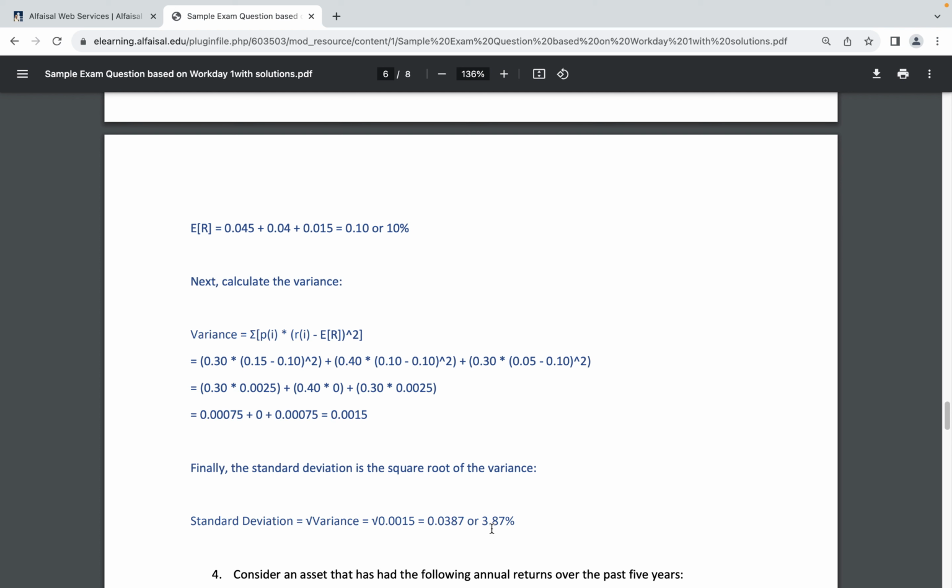Therefore, I know with 99% confidence that my investment will be somewhere between minus 1% and 21%, because I multiply the 3.87 by 3, and I go backwards or forwards from the mean.